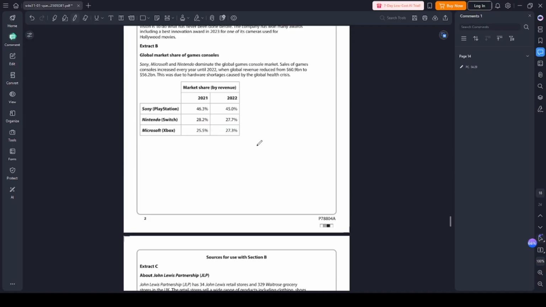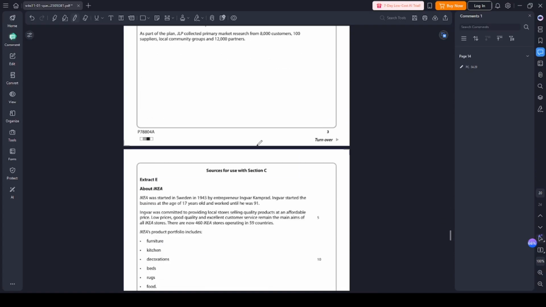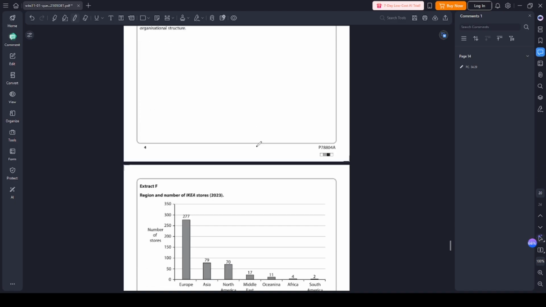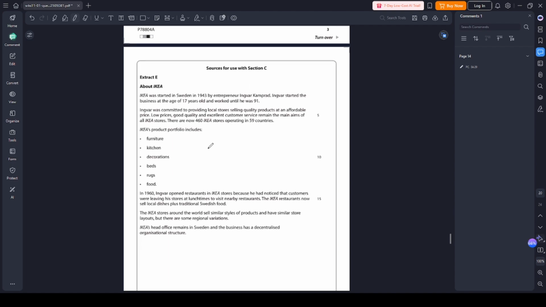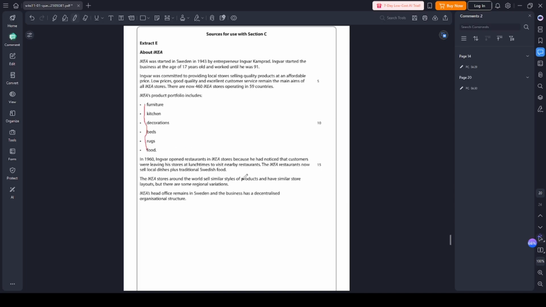So, let's look at the extracts down here, which are extract E and F. So extract E gives us information about when IKEA was first started, and the name of the owner, the entrepreneur, the product portfolio of IKEA, which is listed right here. This is very important.